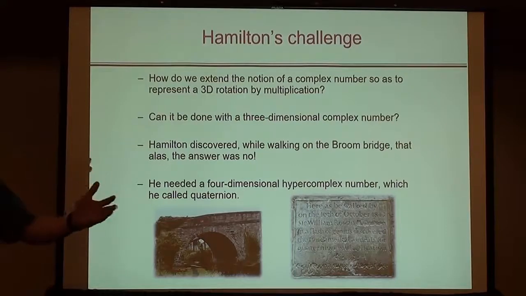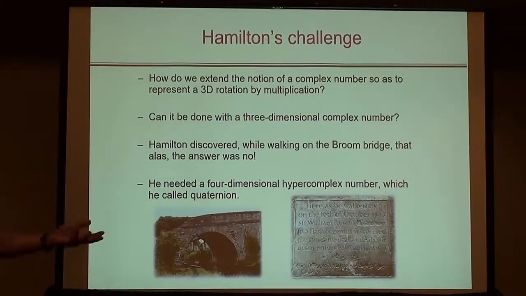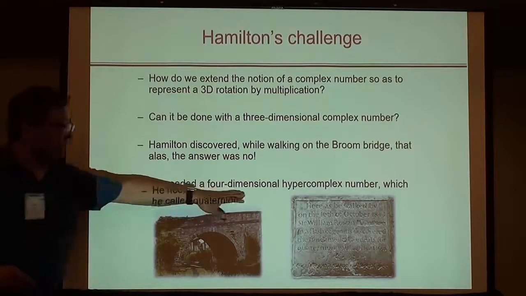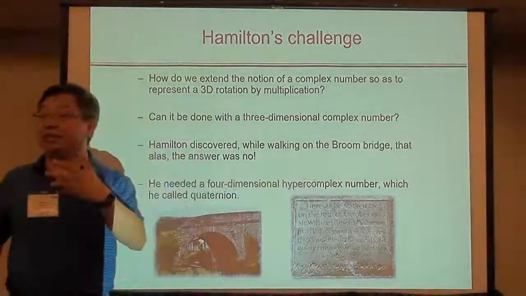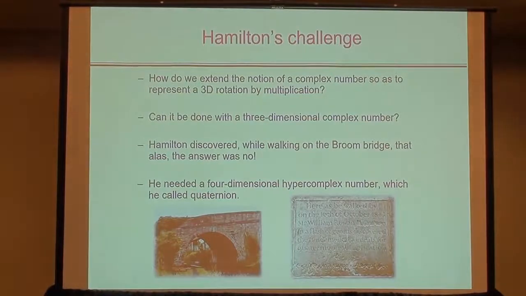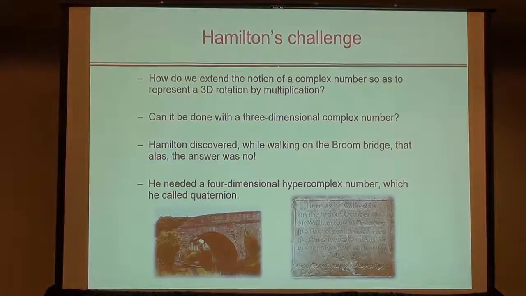Okay, basically that's what his discovery is. Now we don't think it's a big deal, but back then it was a big deal. That's a conceptual breakthrough. Okay. It's called hyper-complex number because it involves more than two coordinates.